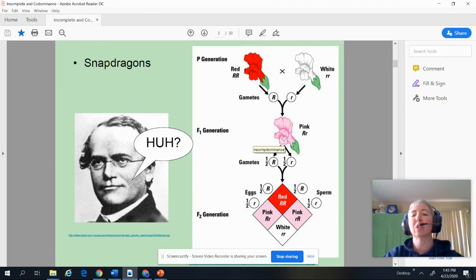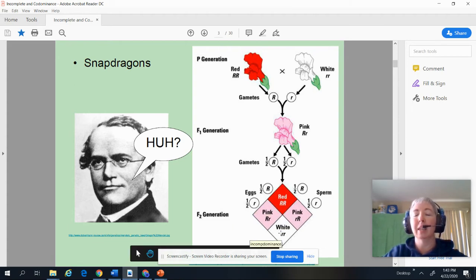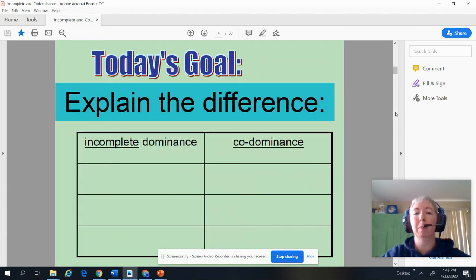If I cross two of these pink snapdragons, then I see the dominant trait come up, I see the combined trait come up, and I see the recessive trait come up. But it's not completely dominant, so we get this middle form, okay? With incomplete dominance, we get a middle form.